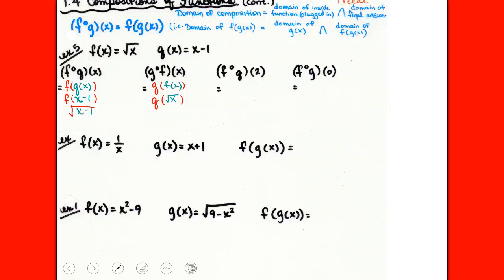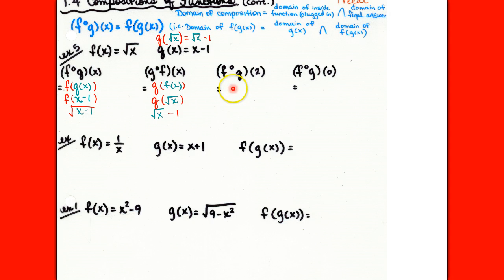That notation tells me put square root of x in the place of x in the g function. And that would give me square root of x minus 1. That's my composition.